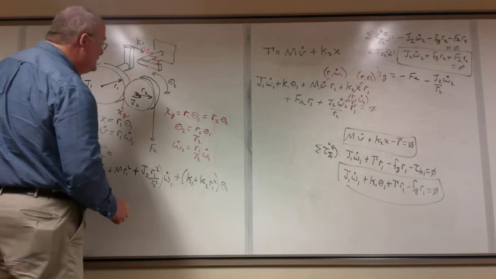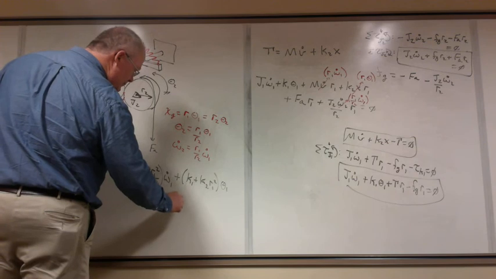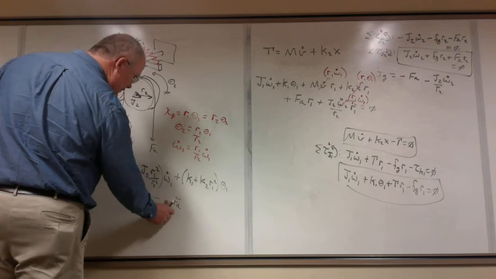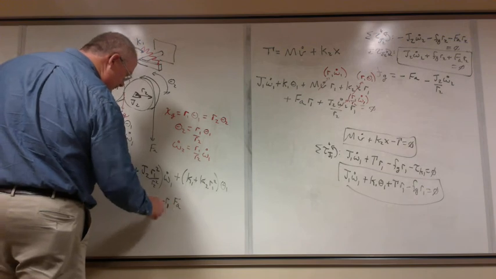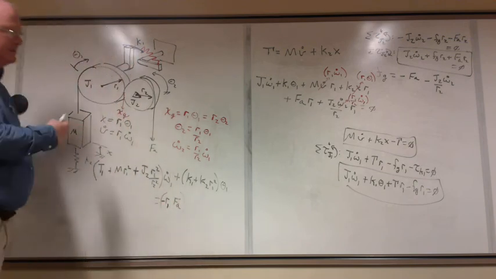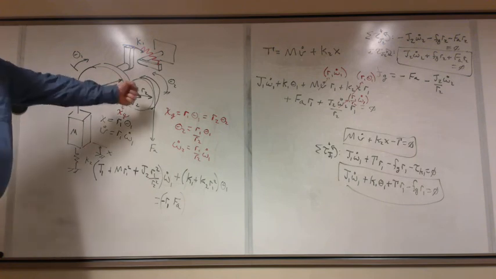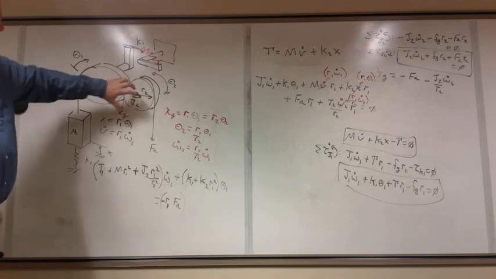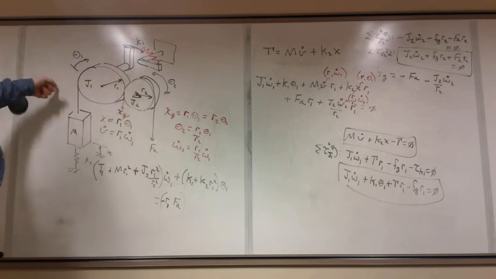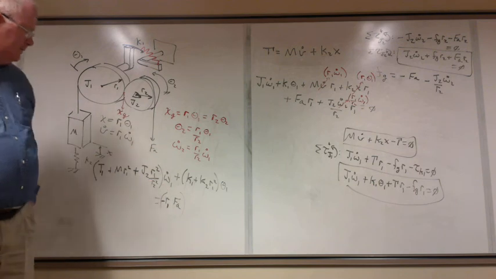And all this is going to be equal to a minus F sub A, and I'm going to put the r1 in front, minus r1 F sub A. So I switch sides with that F A r1. What's interesting is, if we pull on this with a negative F A, we pull down, that's going to rotate this one in a clockwise direction, that goes in a counterclockwise direction, so yes, it should lead to a negative acceleration of J1, and we see that here when we solve out for that omega 1 dot.